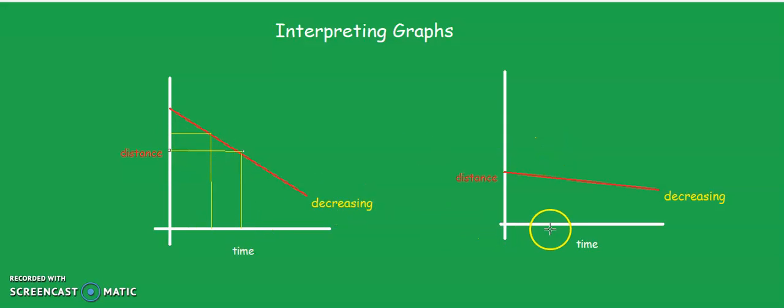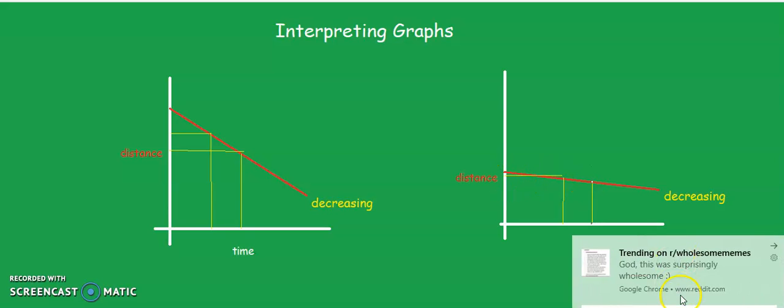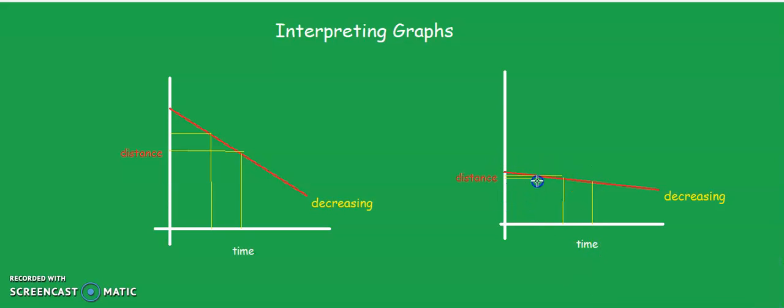Now, in the same amount of time on the other side, let's pretend we're about here, and then here, about 10 minutes. Let's pretend that's 10 minutes. So from here to here, you see the distance is a lot smaller.